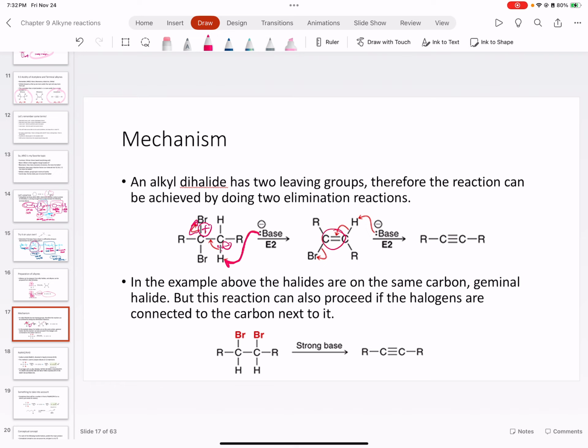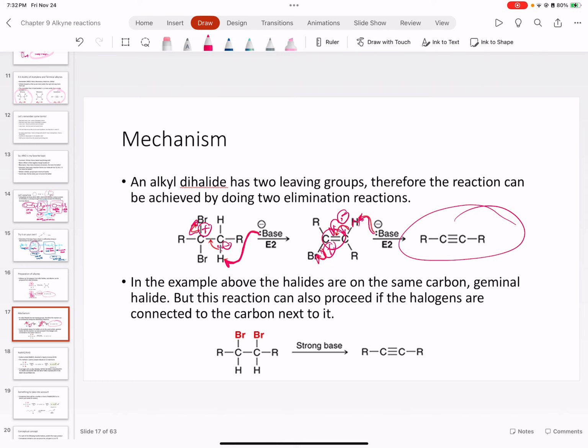Then we repeat the same: we take a hydrogen, which creates a negative charge, and in here we have a leaving group, which goes positive. Then between that negative and positive we create another bond, and then we get our triple bond.